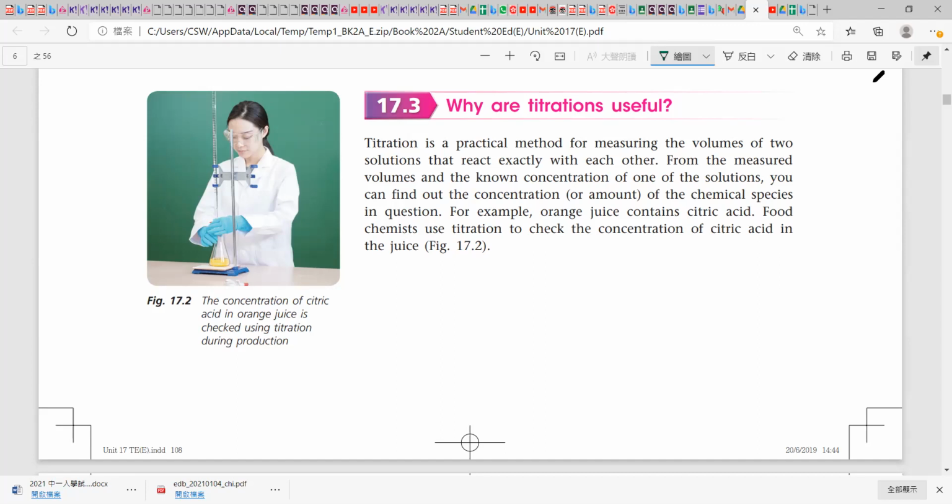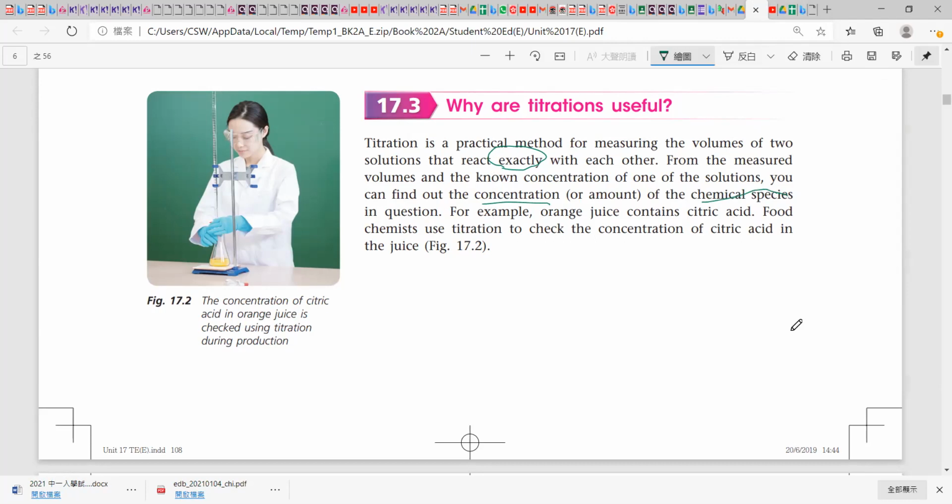From the measured volume and the known concentration of one solution, you may find out the concentration of the chemical species of unknown.